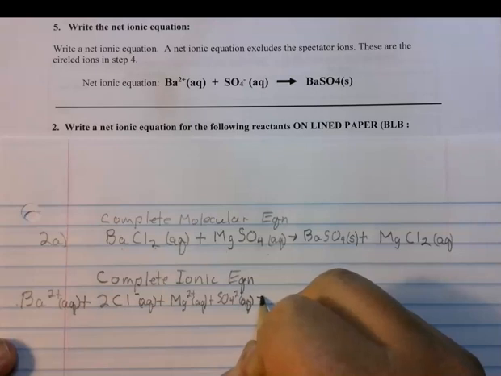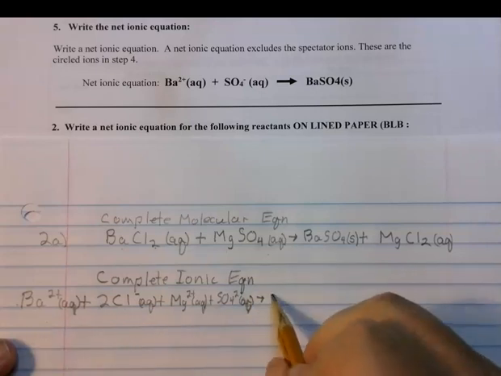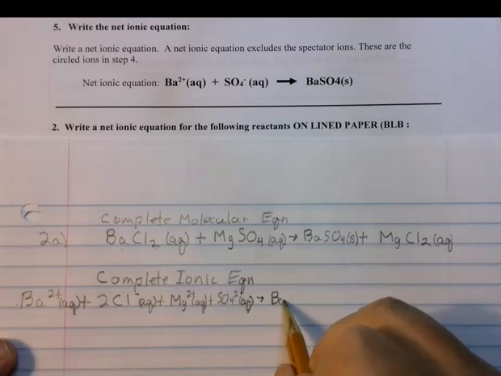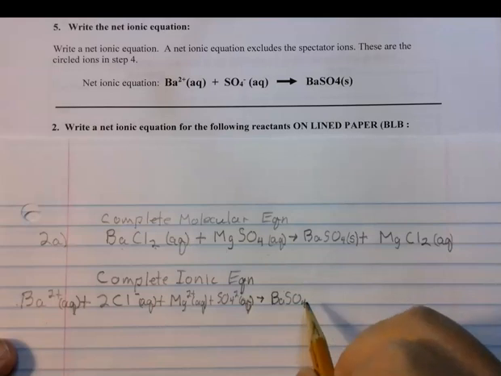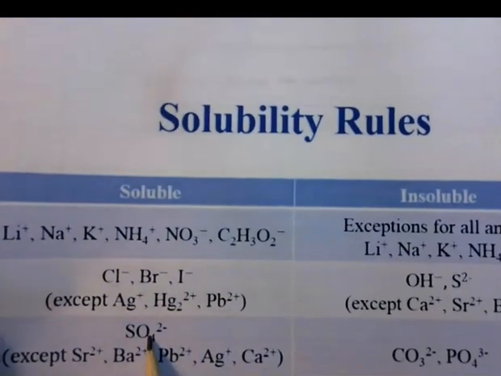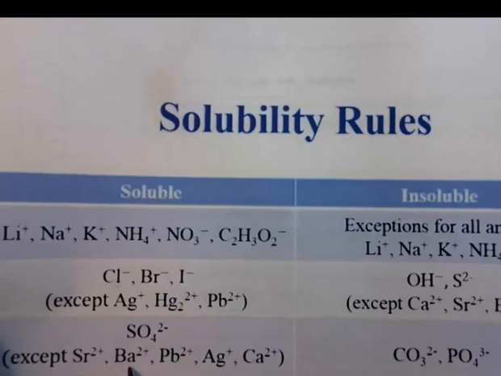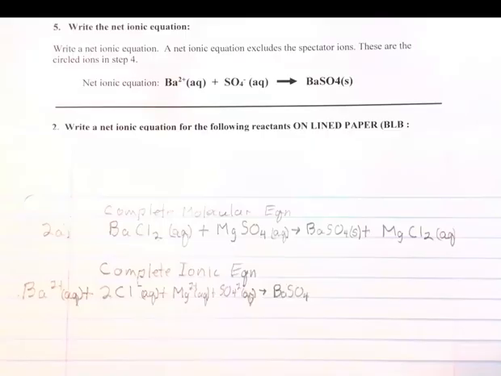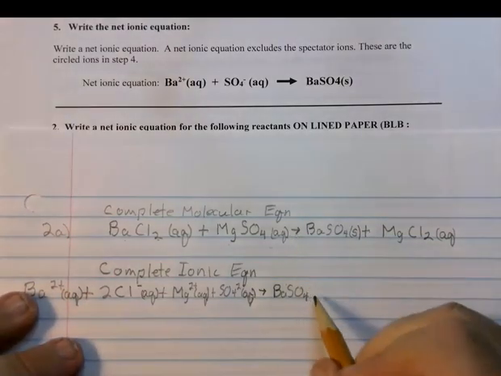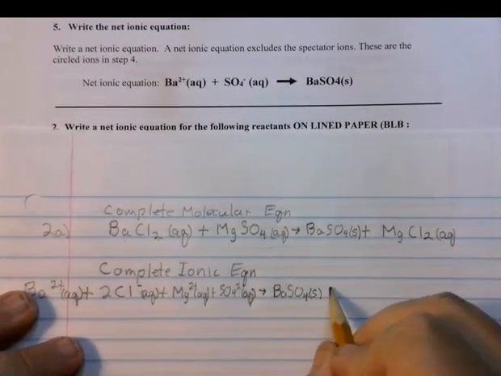Okay, now we come over to the product side, and the Ba came over and joined up with the sulfate. We write that as a compound because we look at our solubility rules again, and we see that sulfate is soluble in water except with 5 exceptions, and barium is one of those. So this is going to form a solid, and in most cases it'll sink to the bottom.